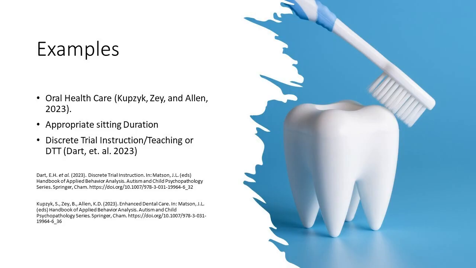So in order to do that, they set up a number of different scenarios and situations using behavioral momentum, like getting the kid in the car, getting the kid out of the car, getting them to sit in the dentist's office, getting them to sit in that dental chair, getting them to just smile in front of the dentist. All of these easy things that the child could do, and then reinforcing each one of those steps, ultimately to the point where the dentist was putting their tools into the child's mouth and being able to examine and do some cleaning. Took several iterations, right?